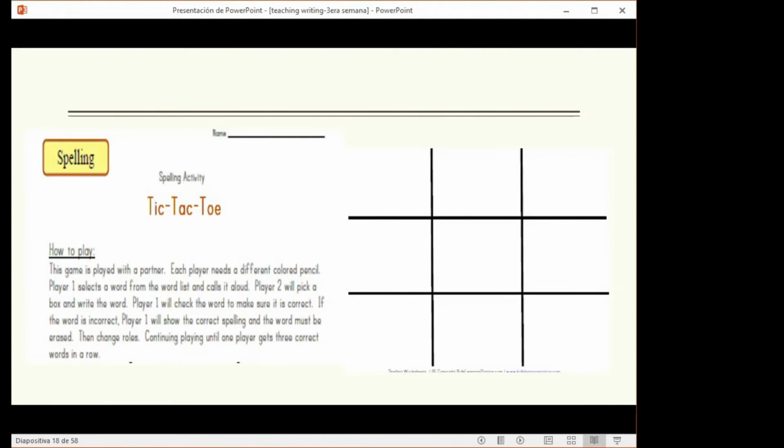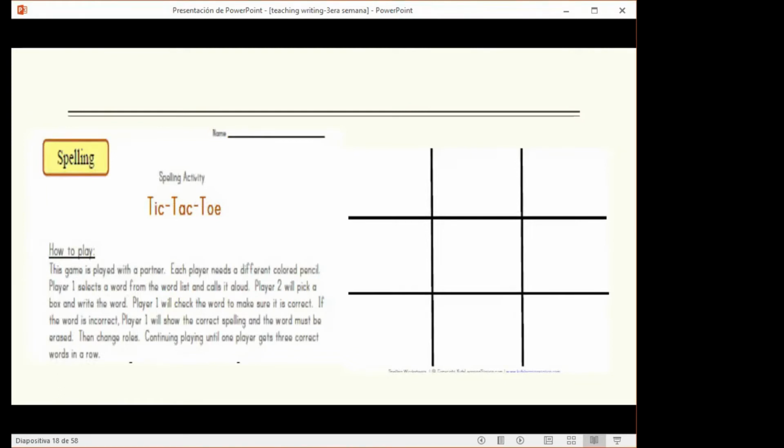So you can play it here on the board. Player 1 selects a word from the word list given by the teacher and calls it aloud. Player 1 doesn't write the word.